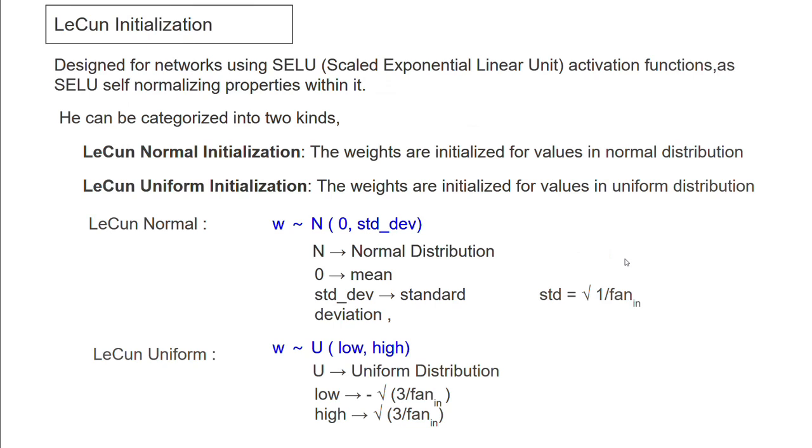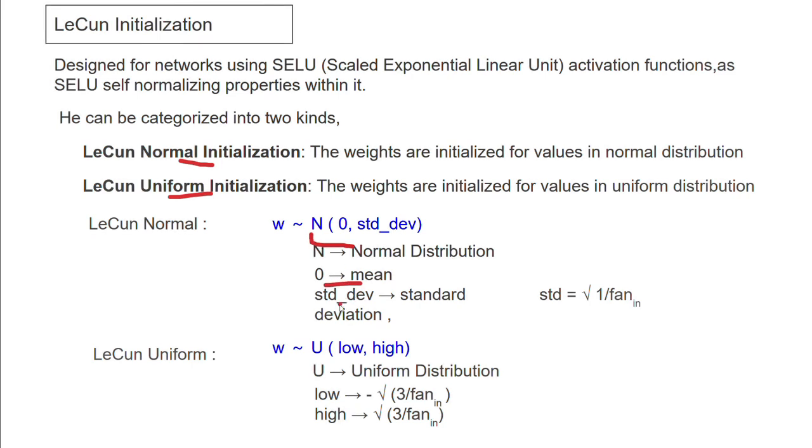LeCun initialization. These are basically used for scaled exponential linear units, and this can also be categorized into two, one for the normal and one for the uniform distribution.